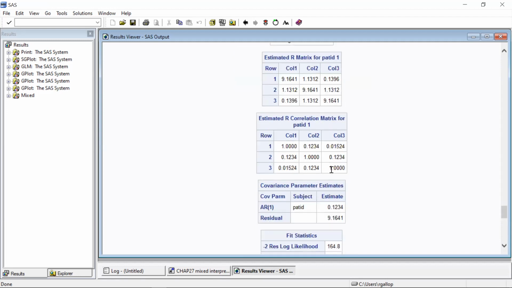Below gives us the variance covariance matrix. My fault, the correlation matrix. With the correlation matrix, you can see the correlation is 0.1234 from time 1 to time 2, and 0.0152 from time 1 to time 3.